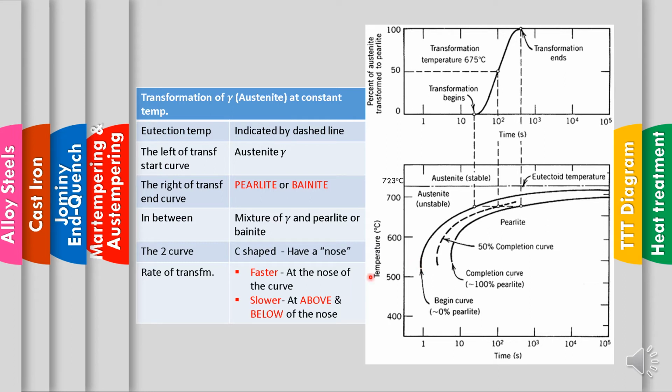If we look at the slower transformation, it is above and lower. Let's say from 723 to 600, it takes quite some time to reach 600. Or if we look below, the curve is very long, so it indicates slow transformation, or the rate of transformation is very slow.